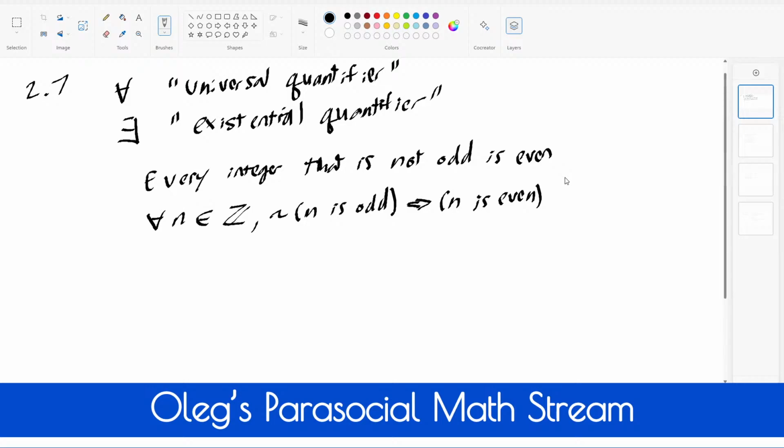And let's read it one more time. I'm going to try to read each character now. Universal quantifier. All numbers containing the integer set, not integer is odd, implies n is even.